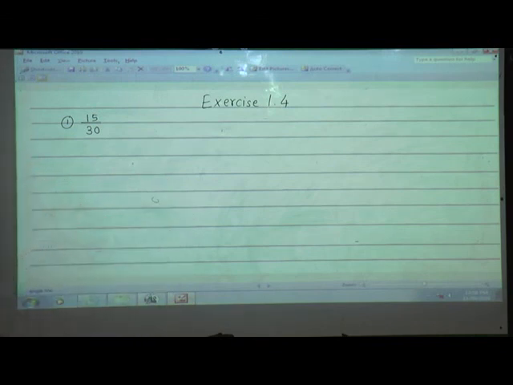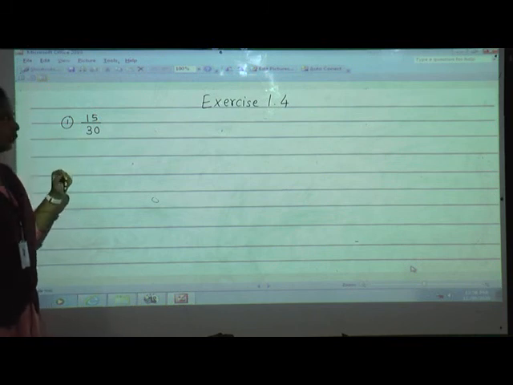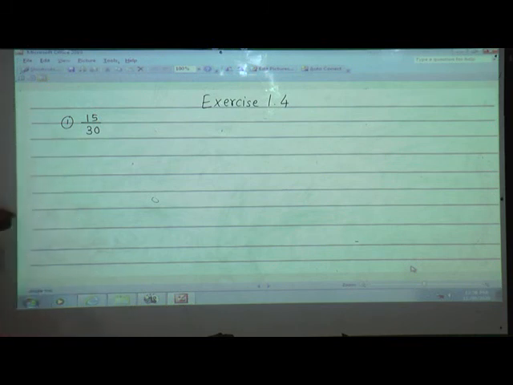Now what you can do in other way, students? See, now see the number, 15 by 30, isn't it? Now tell me, 15 is an even number or odd number? Yes, it's odd number. We cannot divide by 2, so we will go with 3.